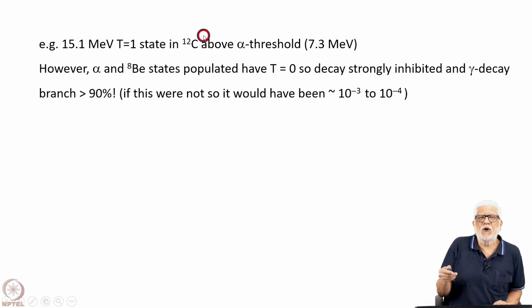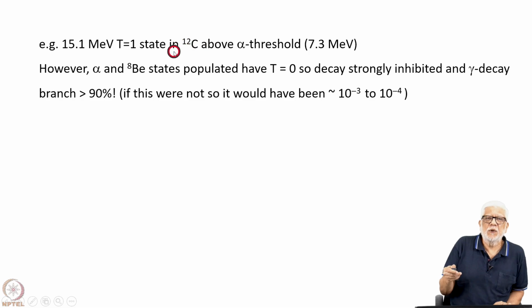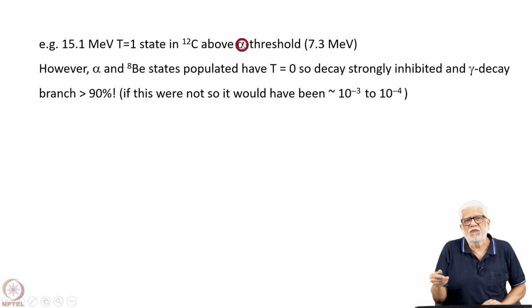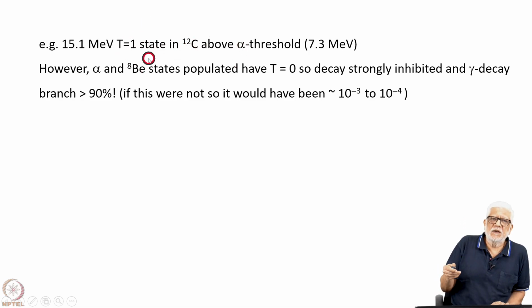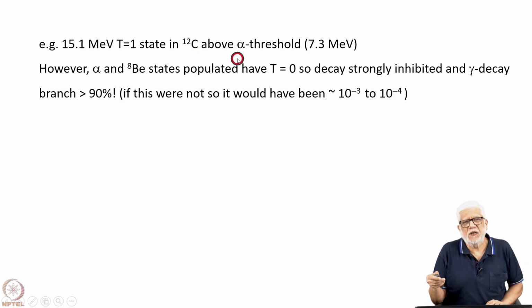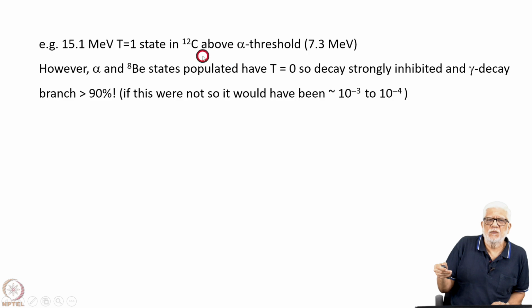Of course, it also violates angular momentum because this happens to be a J pi equal to 1 plus state, and the beryllium 8 and alpha have spin zero. So, you require to do something about that, and you have to have an L equal to 1 coming in so that you get the angular momentum right, but then you also have to conserve parity and so on.